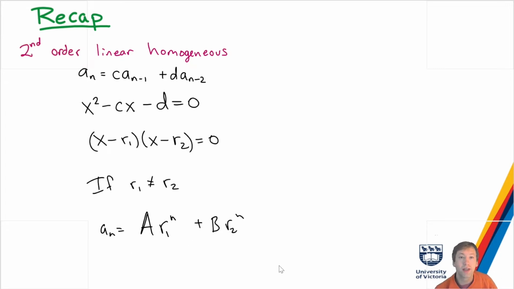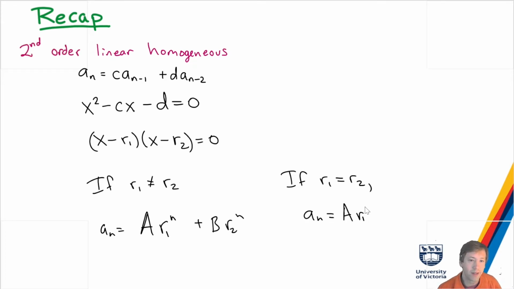And that includes the case where r_1 and r_2 are complex. And if r_1 equals r_2, then a_n is A times r_1 to the n plus B times n times r_1 to the n, where I wrote r_1 both times, but you could write r_1 and r_2, but they're equal, so it doesn't really make a difference.